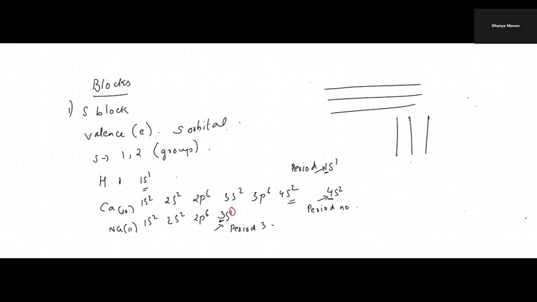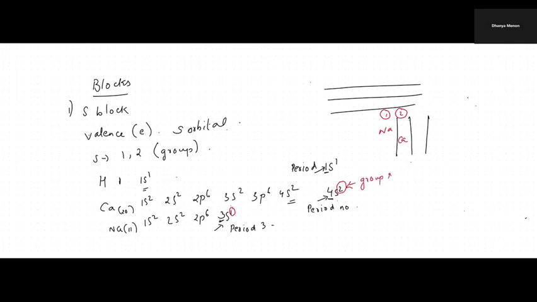This is group 1, this is group 2. What about calcium? How many electrons are there in the valence shell of calcium? 2. So calcium belongs to group 2. So this tells you about the group number.